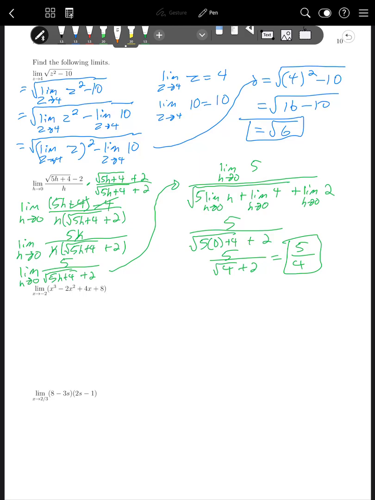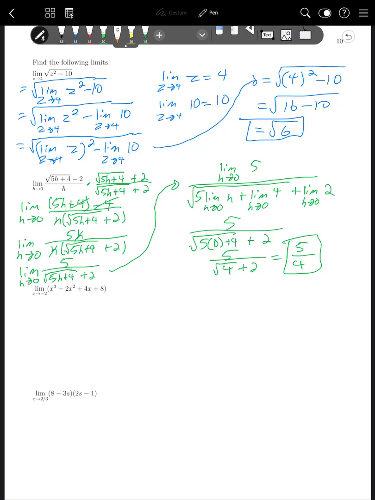Okay, so now that you've gotten a chance to try these, let's go through them together. So this one, I can use the sum and difference rules to break this up into 4 limits. And then I can use the constant multiple rules and the power rules to get these first 3 terms down to the limit of x. And the last one will be the limit of 8.